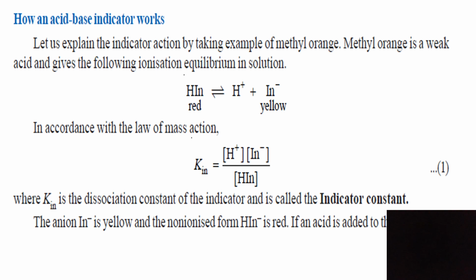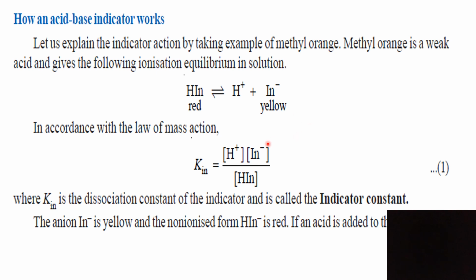How an acid-base indicator works. Let us explain the indicator action by taking methyl orange as an example. Methyl orange is a weak acid and gives the following ionization equilibrium in solution. HIn, which is red in color, ionizes to H plus and In minus. This is in an equilibrium state.